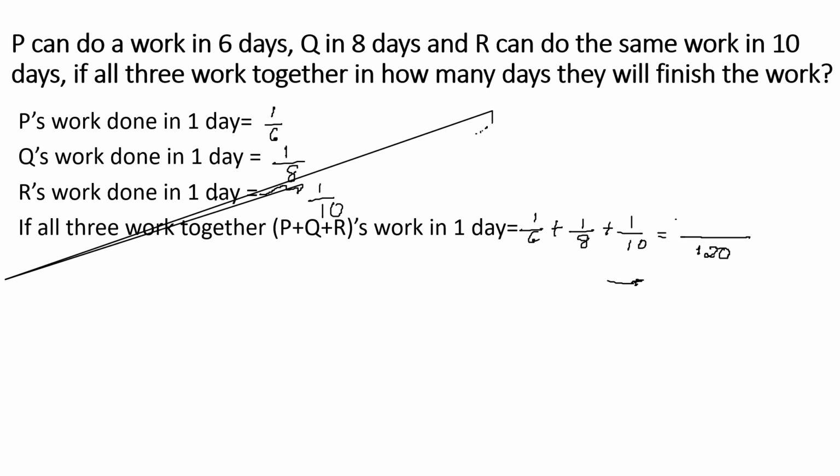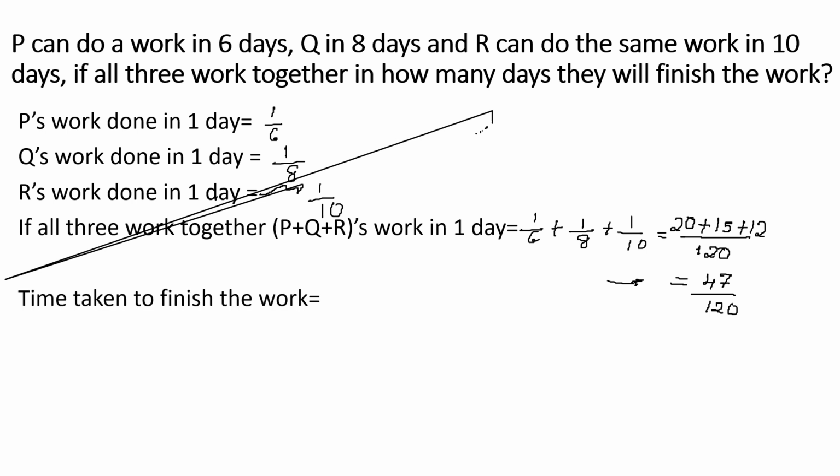So 6 20s are 120, 8 15s are 120, and 10 12s are 120. If you add all of this, you will get 47 divided by 120, and time taken will be 120 divided by 47, which is equal to 2.55 days. So this is by adding the fractions.